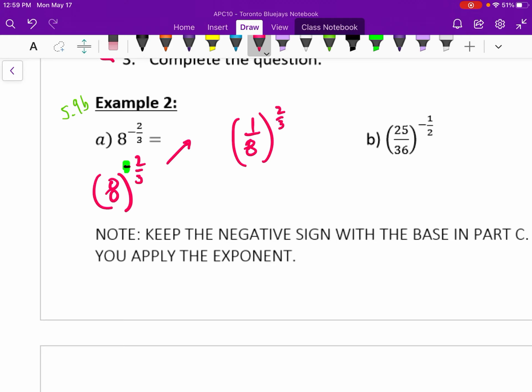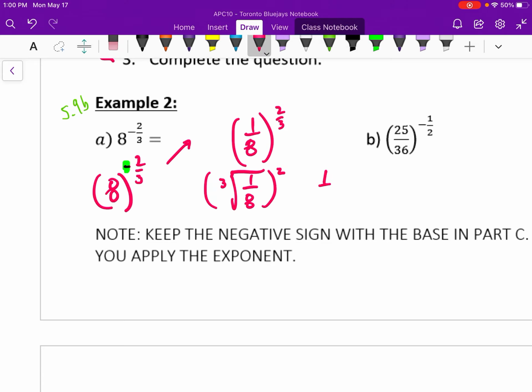That is, I had a negative exponent, and I made it positive by taking the reciprocal. The next thing that Mr. Johansson suggests is take the root of that number. So what is the cube root of 1/8? Well, that is 1/3. Sorry, incorrect.